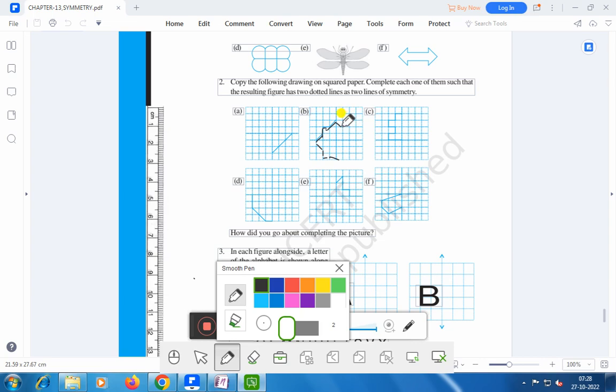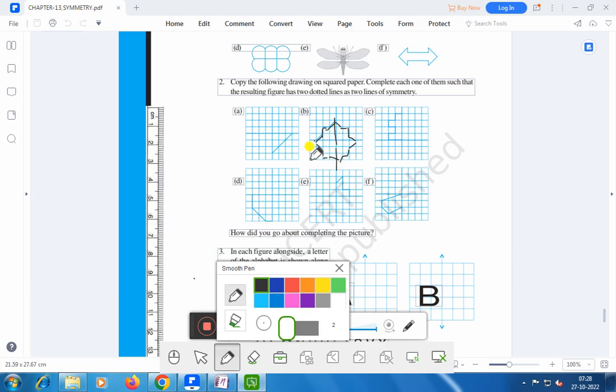Then this one, and this one, and like this, same as that, right? Like this. Right? Now here this is the horizontal line of symmetry and this is the vertical line of symmetry.